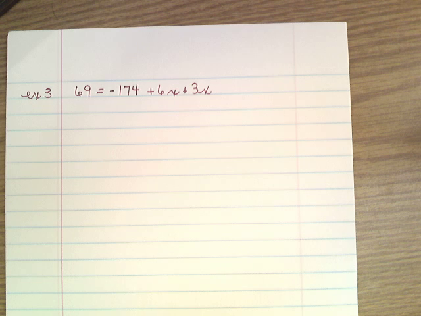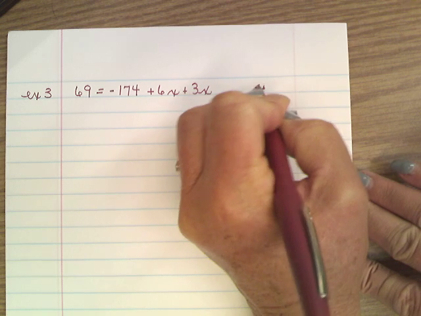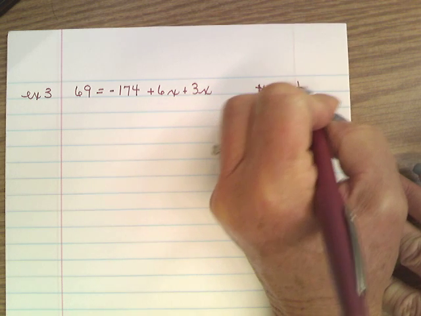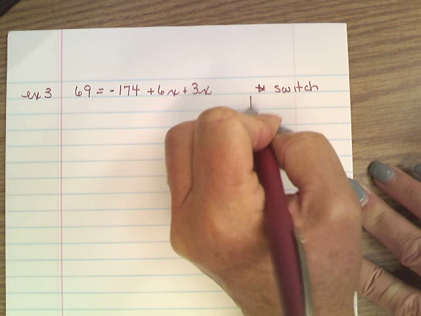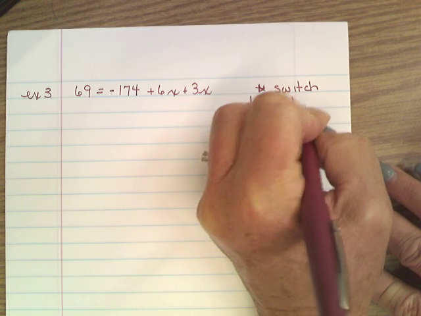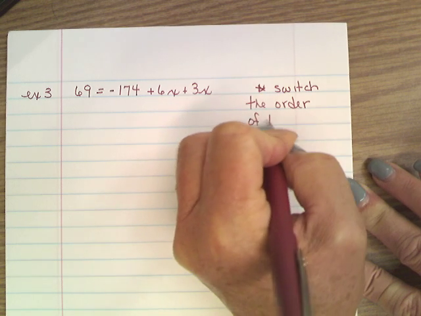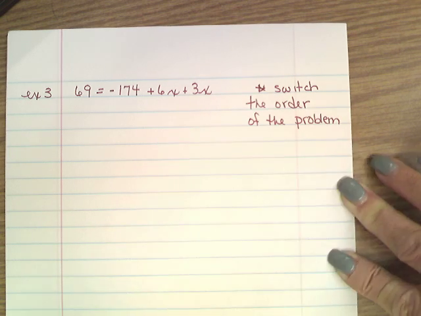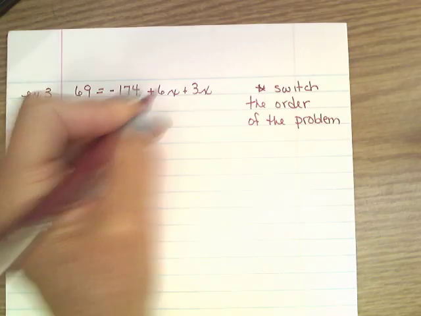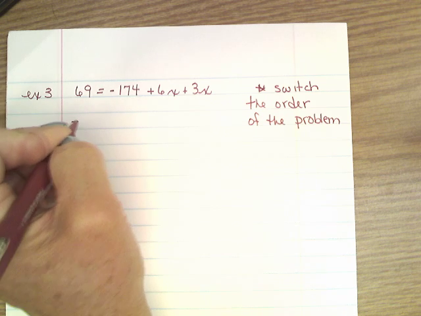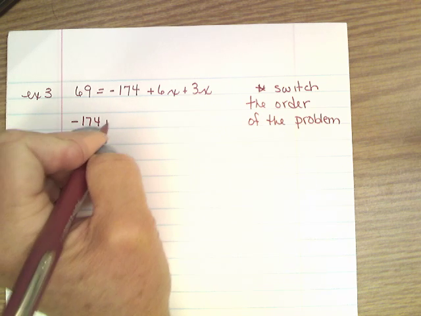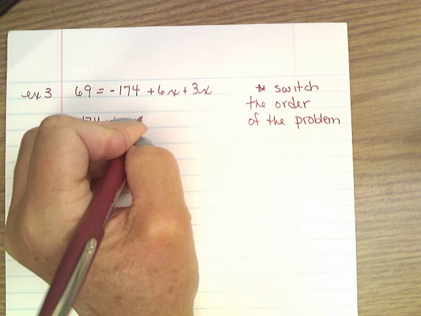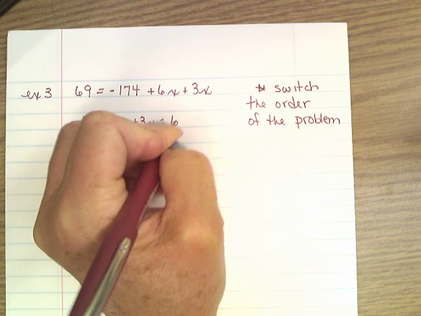So in order to do that, we just are going to switch the order of the problem, just like we did when we were working on 2-step equations. Which means just pick it up and flip its sides. So I'm going to change this now to negative 174 plus 6x plus 3x equals 69.